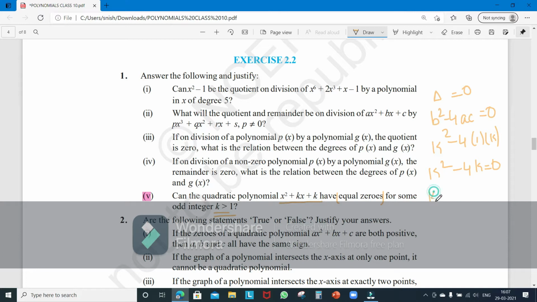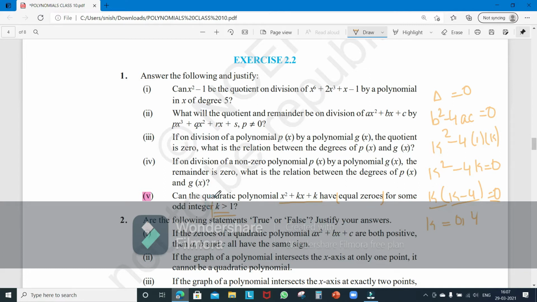Let us take k common out of this and equate it to 0. So now we know that either k can be 0 or k minus 4 can be 0. So in that case the k values are 0 and 4, right? Now we have to find the values of k for which the condition is satisfied.